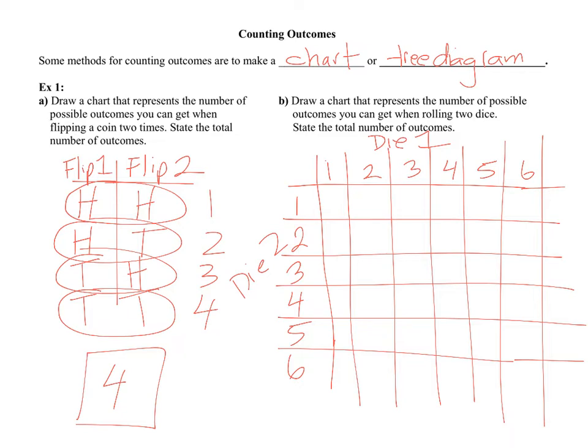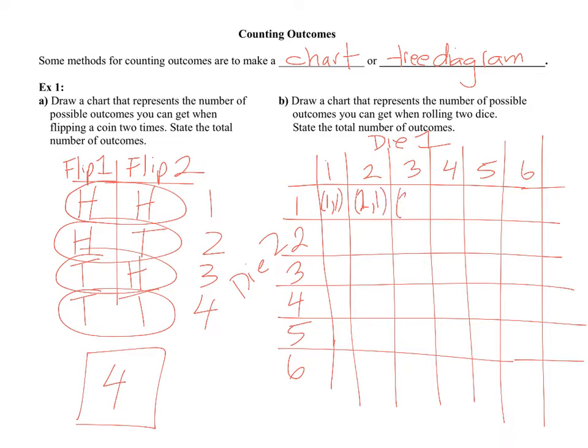Alright, so for die 1 I could roll a 1, and for die 2, we have on the left side. So for die 1 I could get a 1, and for die 2 I could get a 1. Alright, for die 1 I could get a 2, and for die 2 I'll get a 1.